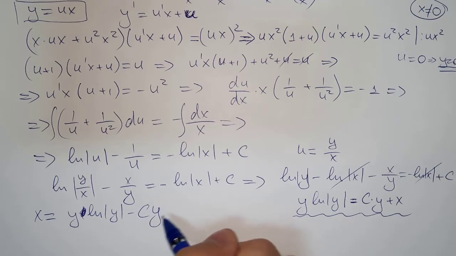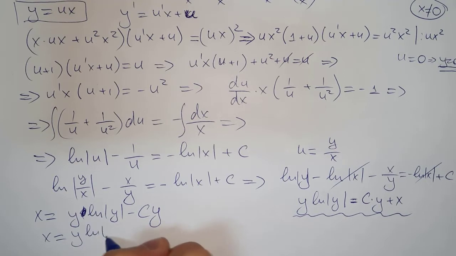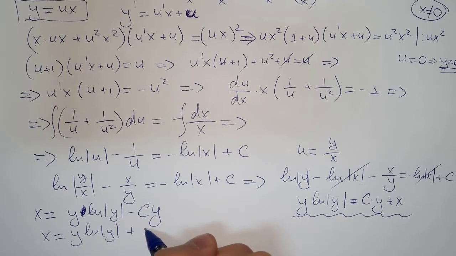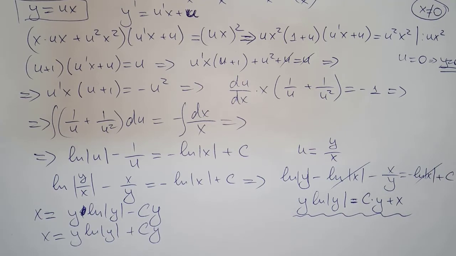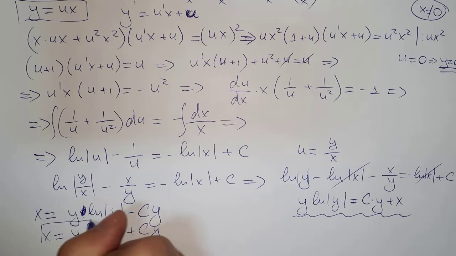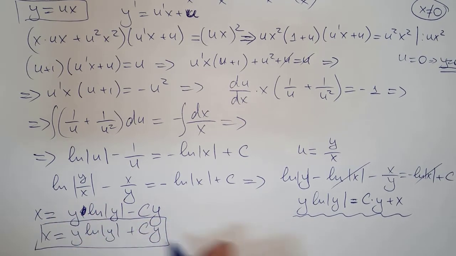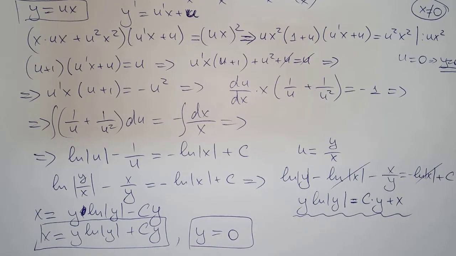However, c is a constant, so you can write x equals y natural logarithm of y plus any constant times y. And of course, we have the next solution, the second one, y is 0. Two solutions we have.